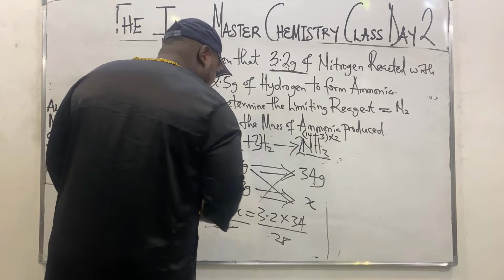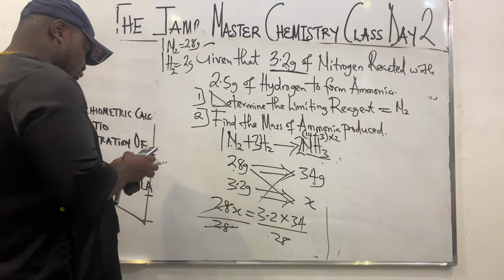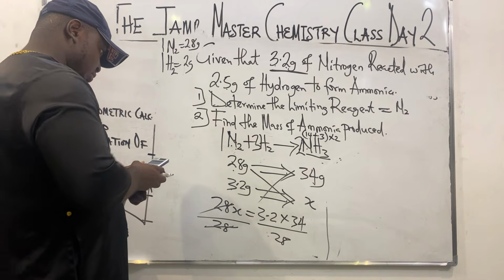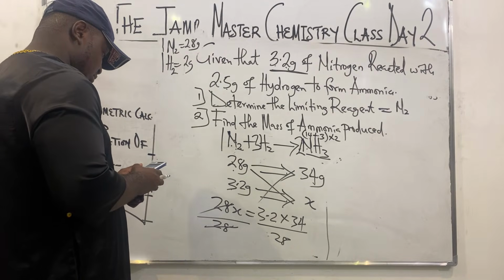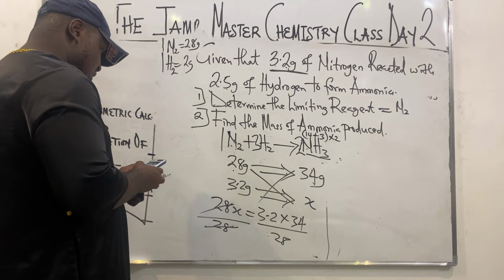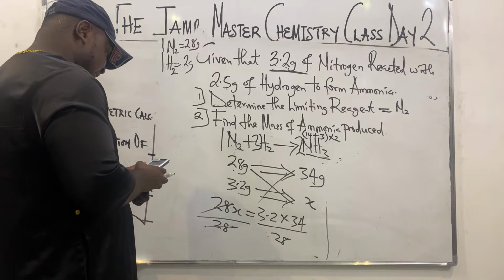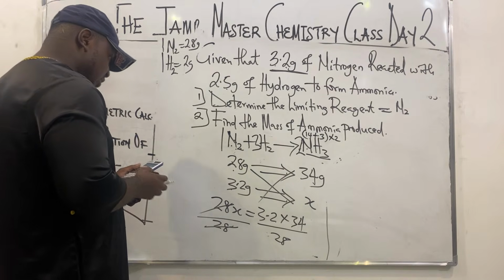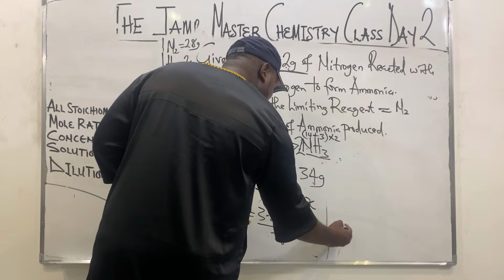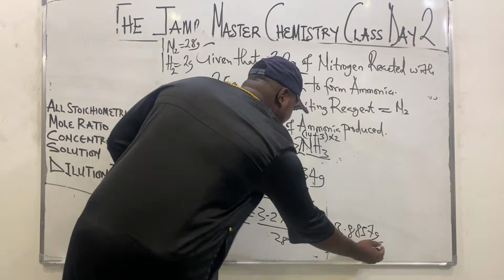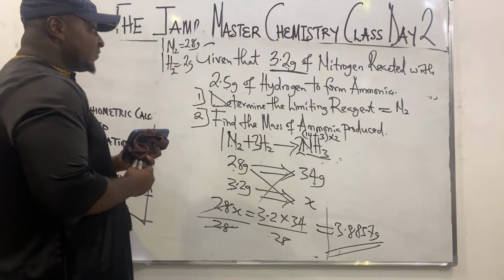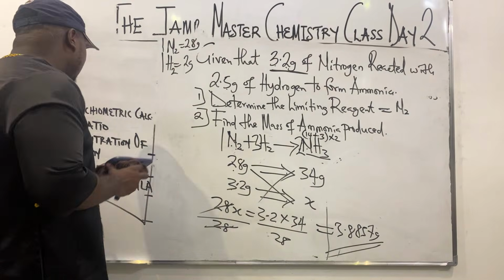So 3.2 times 34 divided by 28 will give you 3.8857 gram. Class, this is the mass of ammonia that is formed.